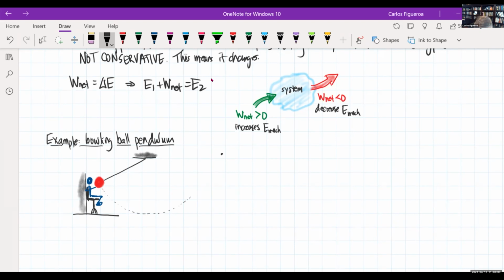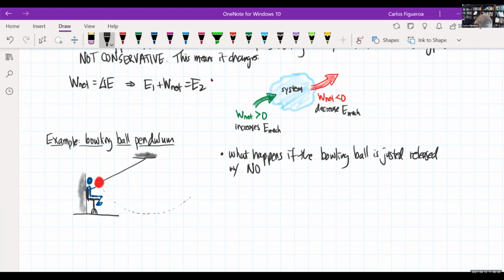So what we want to do here is ask this: what happens if the bowling ball is just released with no push?